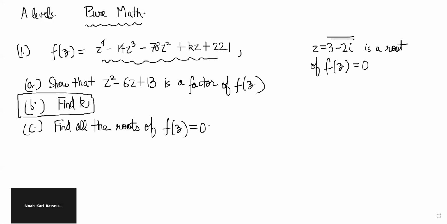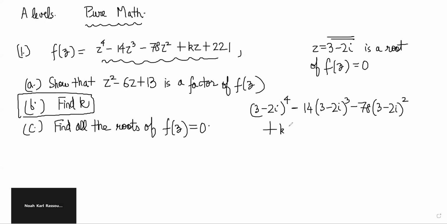Since this is a root, it should become 0, right? Yes. So you do 3 minus 2i to the power 4 minus 14, 3 minus 2i to the power 3 minus 78, 3 minus 2i whole square plus k into 3 minus 2i plus 221 equals 0, right?